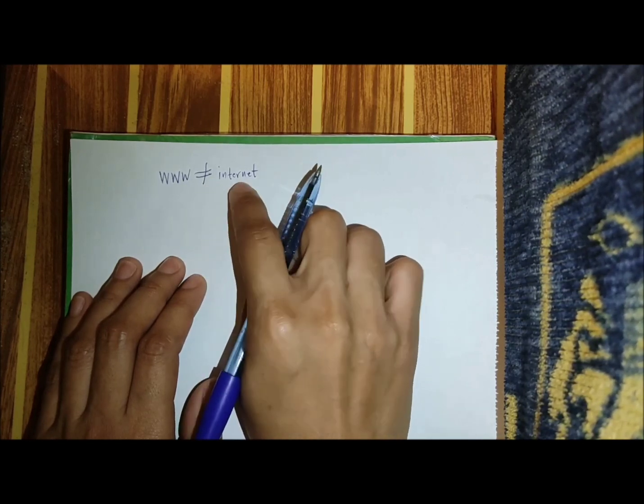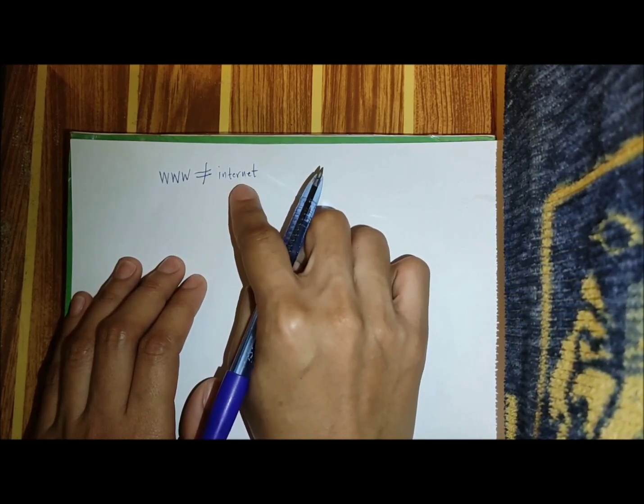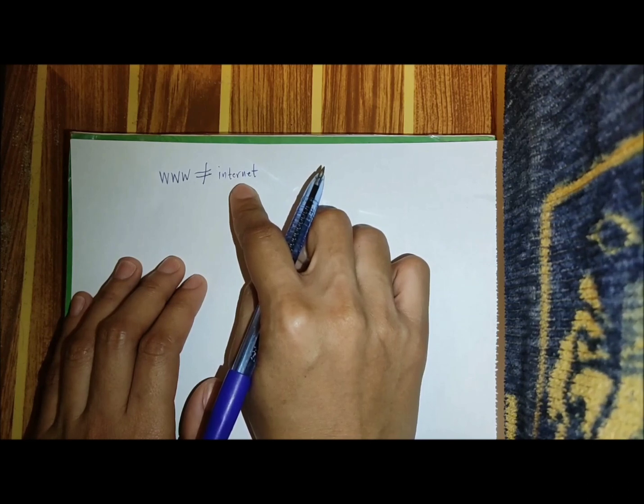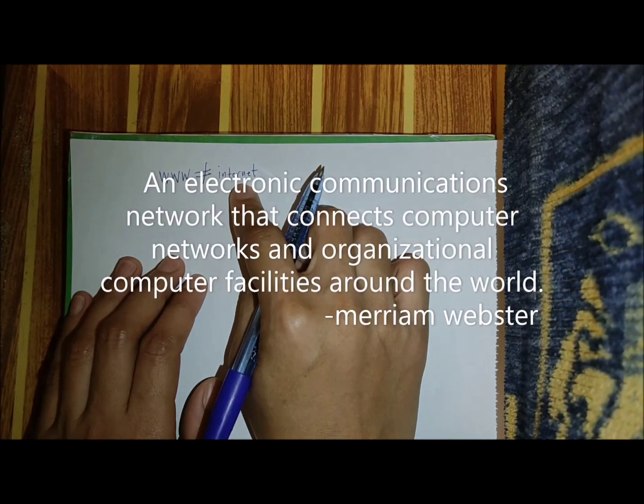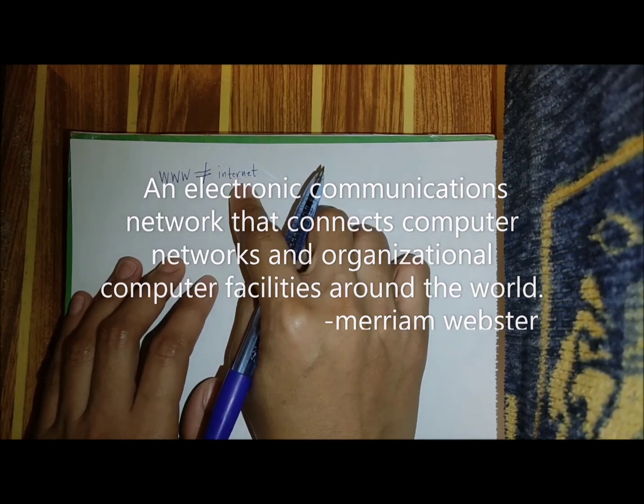So www or World Wide Web is not the internet. Because the internet, if you are referring to Webster, is an electronic communications network that connects computer networks and organizational computer facilities around the world.